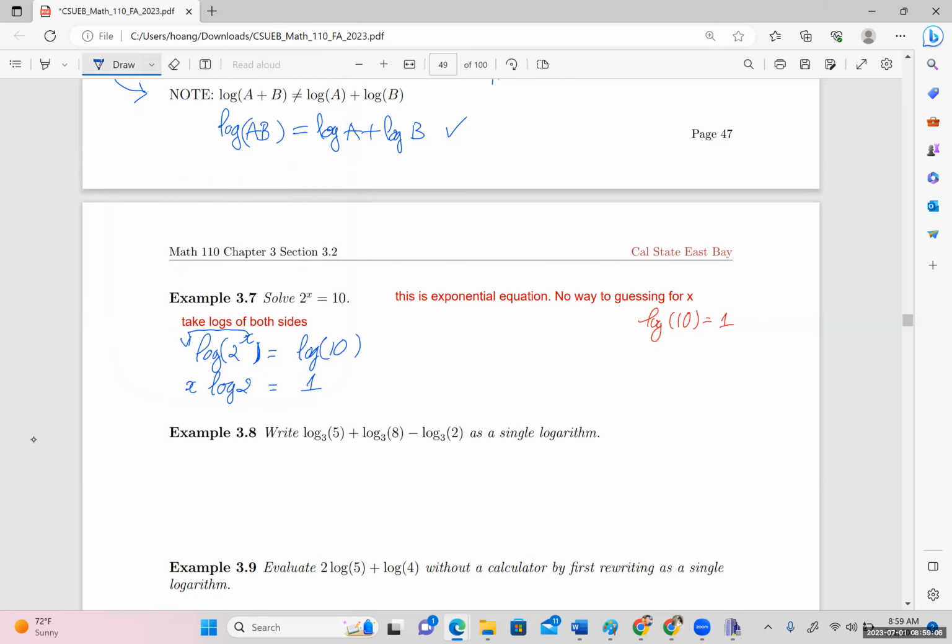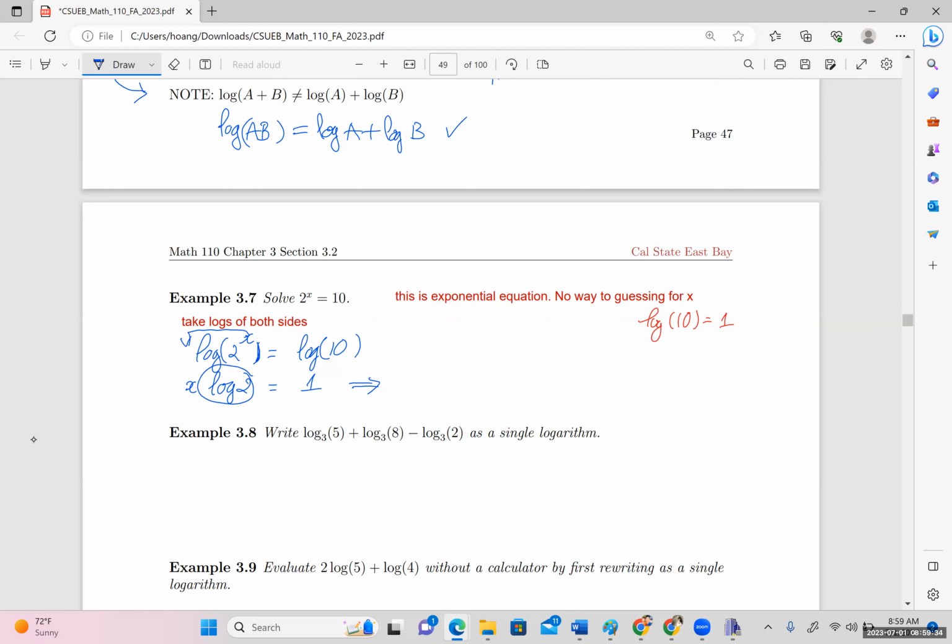Now what we're going to do, keep in mind that with this guy, don't think about what the log of 2 is there. Right now it's just a number. You can think, well, what does it mean? It is the power of 10 to get number 2.